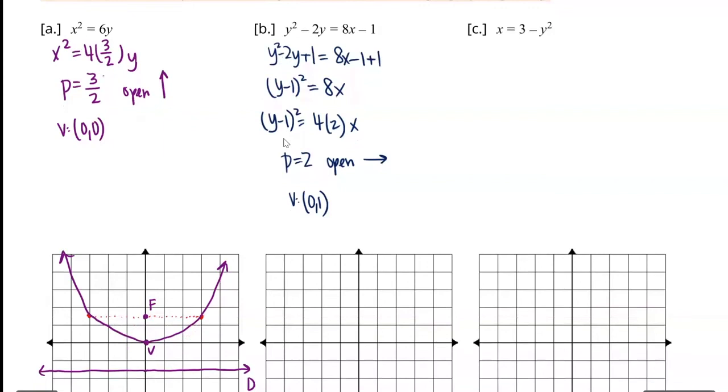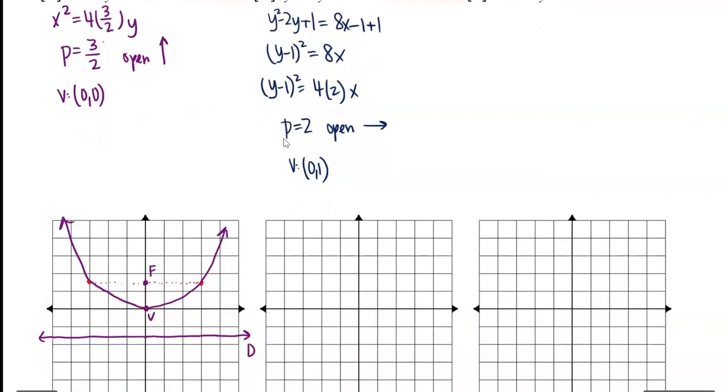And then I like to kind of graph while I figure out where the other pieces are. So I'll list them, but the vertex is at 0, 1. And because this thing opens to the right and the p-value is 2, that means our focus is going to be 2 units to the right of our vertex. So our focus, we're going to add 2 units to the x coordinate.